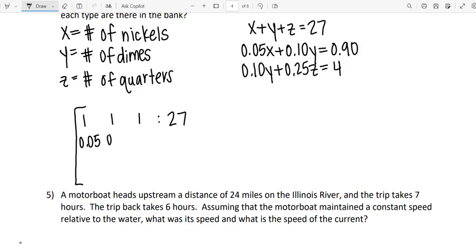Good. Good. Notice that there's a 0 in the third column because there are no quarters in the second equation. There is no Z, so the coefficient in front of Z, if there isn't one, is a 0. And then using that same idea, Raven, will you give me the bottom row of our matrix using that bottom equation?